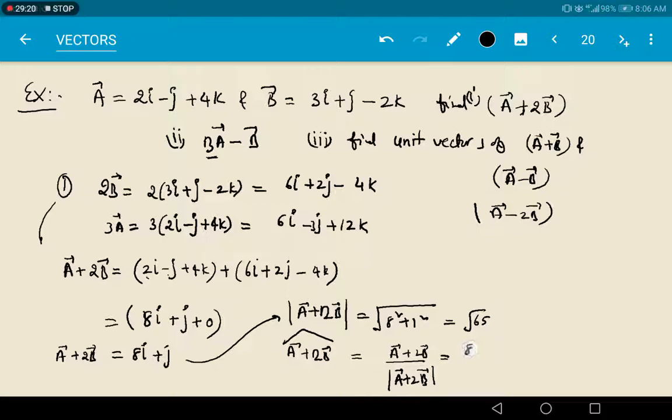A bar plus 2b bar is what? 8i plus j by root of 65. So in this way we can solve the remaining also. This is work for you. You can simplify this. So take care, stay safe.